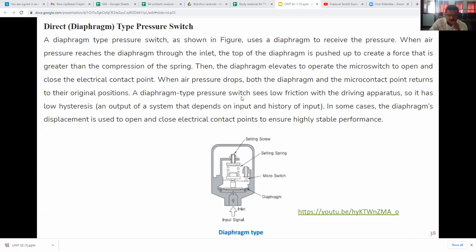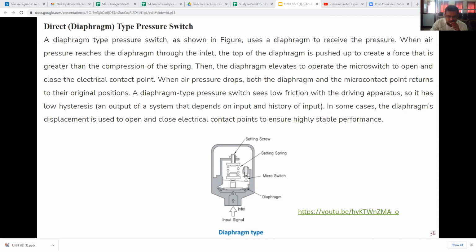A diaphragm type pressure switch sees low friction with the driving apparatus, so it has low hysteresis, that is, an output of a system that depends on input and history of input. In some cases, the diaphragm's displacement is used to open and close electrical contact points to ensure highly stable performance.